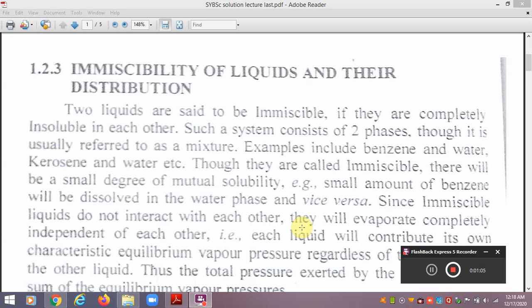In the last lecture we discussed various types of systems which show upper critical solution temperature, lower critical solution temperature, as well as both, with the help of different examples.